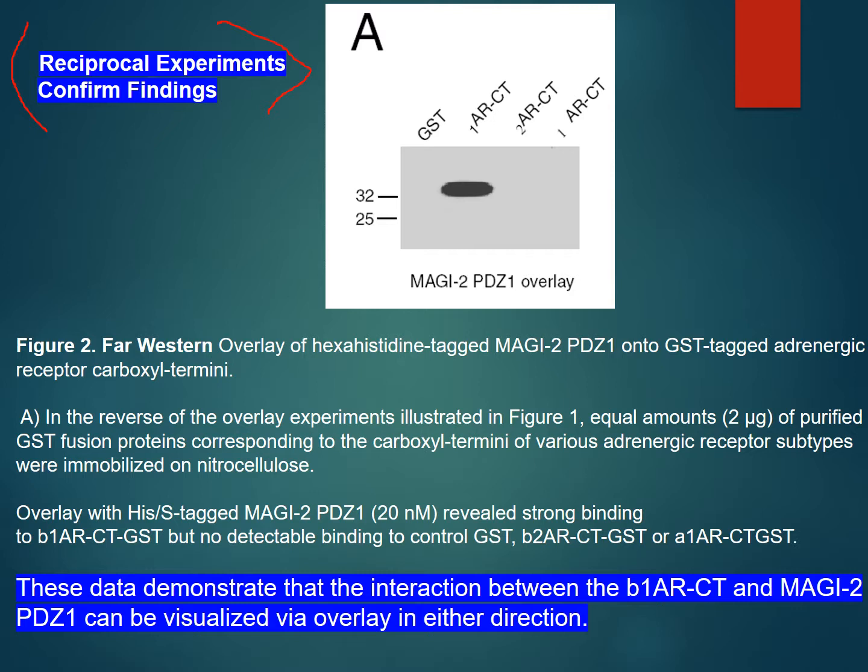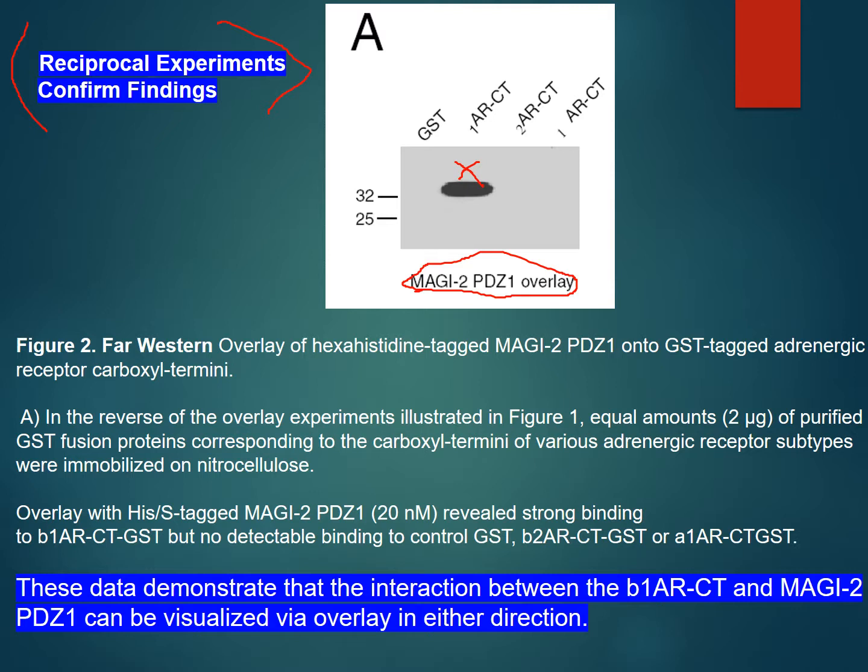And anyway, they used the MAGI2 protein, which was the found prey now, as a probe on your overlay, and it confirms that it binds to the B1 adrenergic receptor only, not B2.